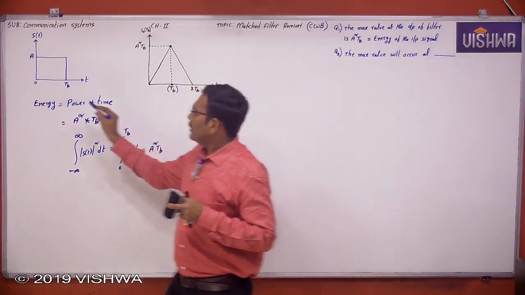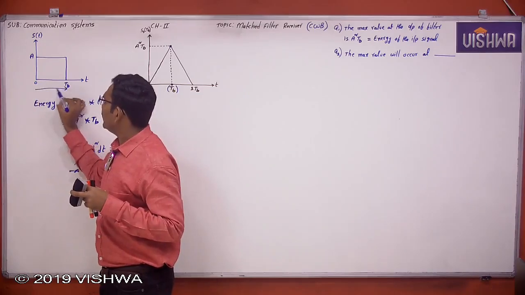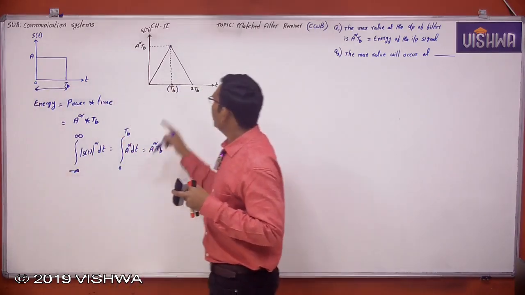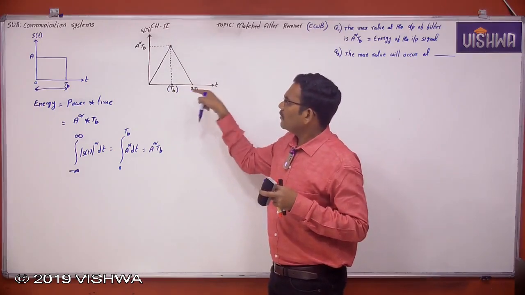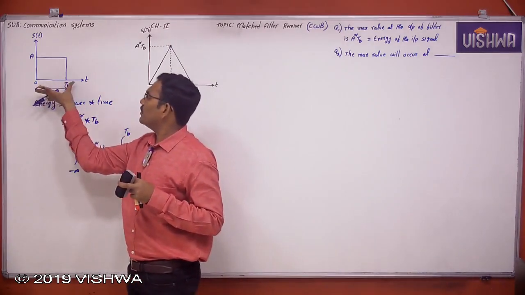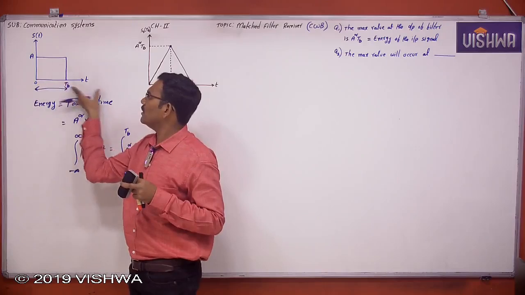Now this TB is nothing but the duration of the given input signal, or not? The maximum value will occur at TB. What is the duration of the input signal? TB.